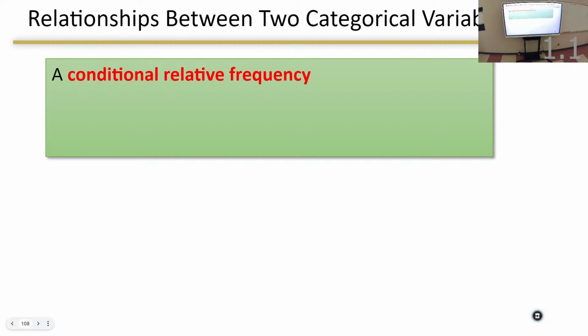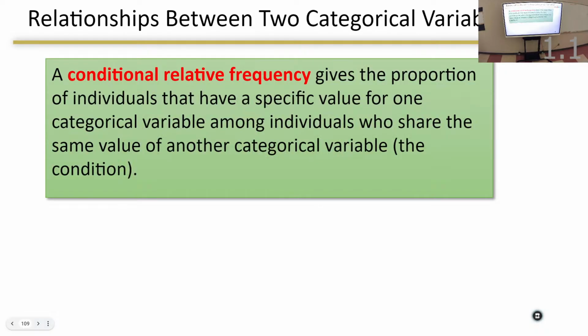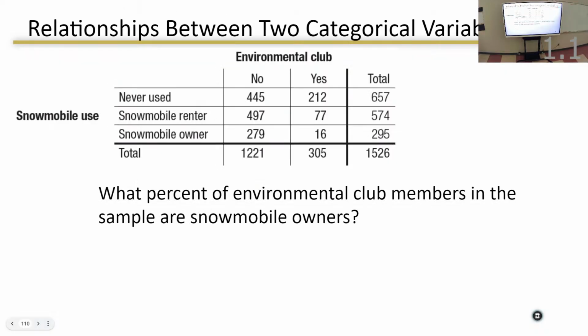So read these carefully. What percent of environmental club members in the sample are snowmobile owners? Of environmental club members. They're telling you that they're environmental club members. You have to read that carefully. I'm no longer talking about everybody.